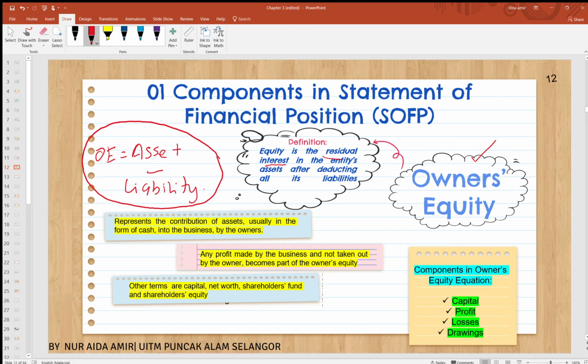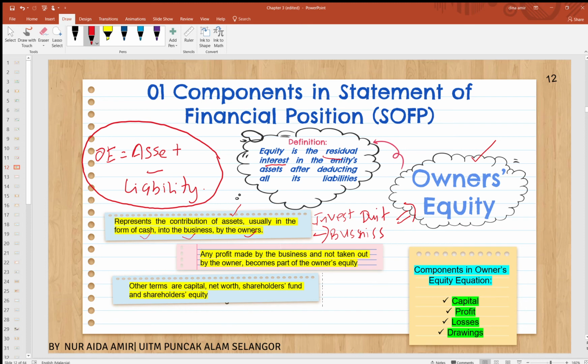Owner's equity ni represents the contributions of asset, usually in the form of cash, into the business by the owner. For example, bila you invest duit you dalam business, that is what we call as owner's equity.